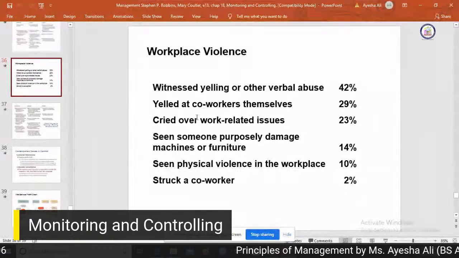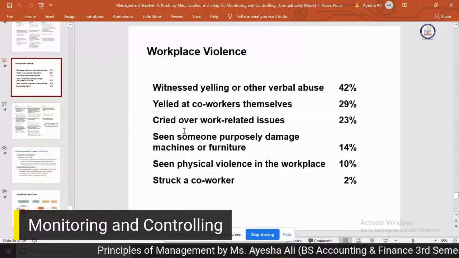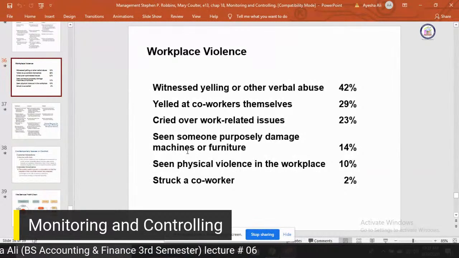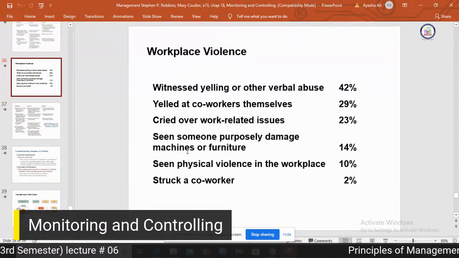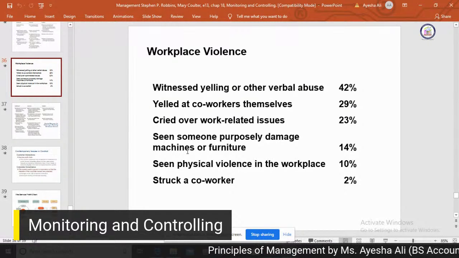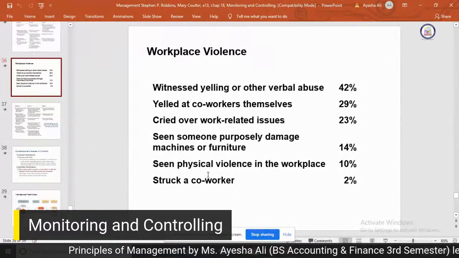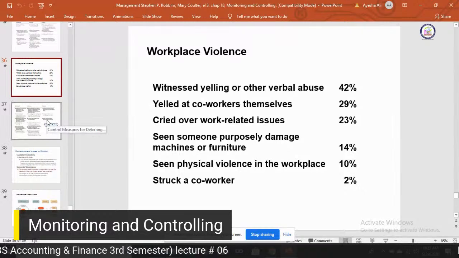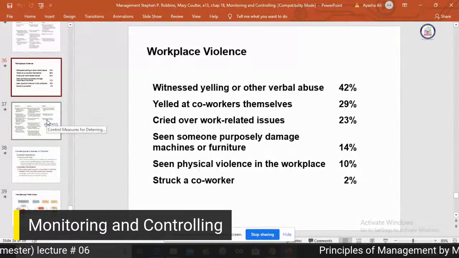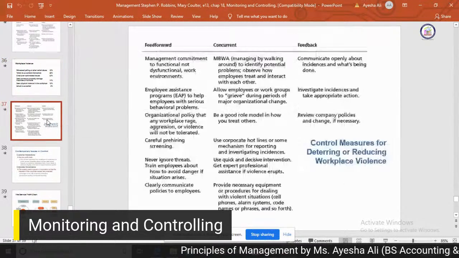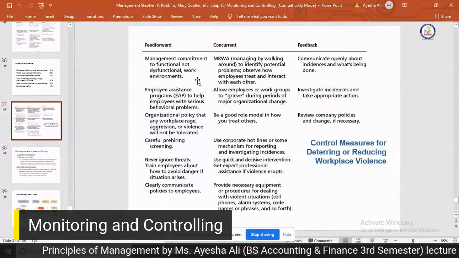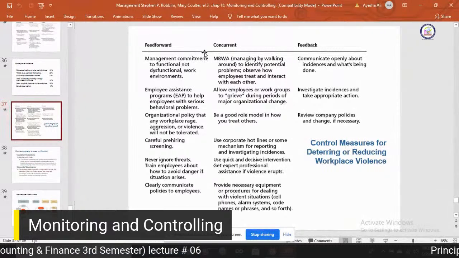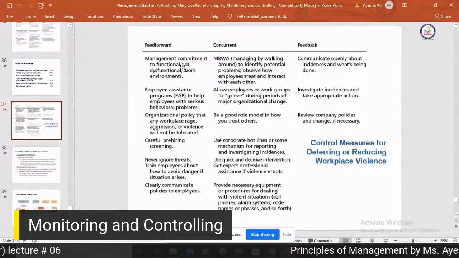Then 23% cried over work-related issues, and 14% basically gave damage to someone or some furniture, and 10% saw physical violence in the workplace, and 2% is the co-workers. So these are the percentages of violence in the workplace, and then we have some measures to control them. The first one is feed forward, written, concurrent, and feedback.